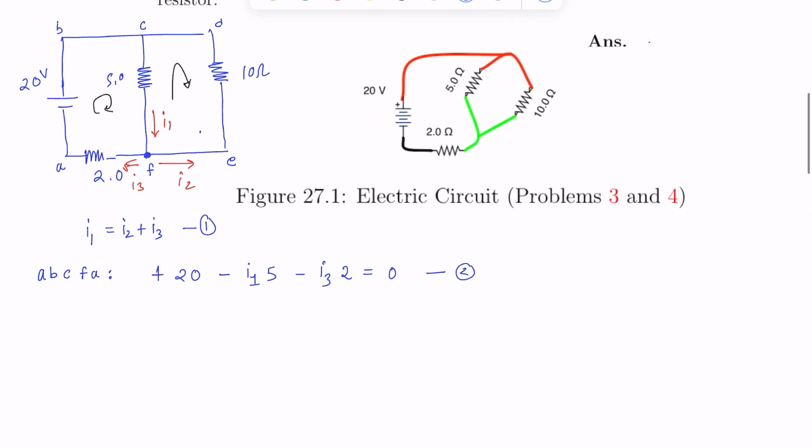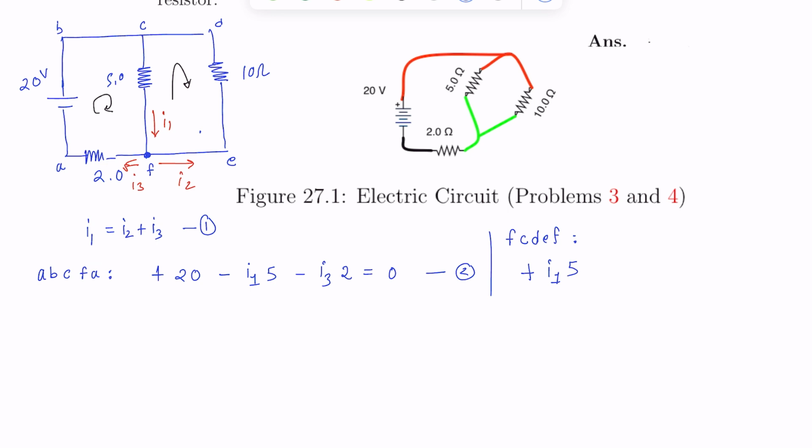You do this with another loop. Let's say we take F, C, D, E, F. From F to C, this is how you're rotating, and the current on this is I1 like that, so you're going in the direction opposite to the current. That means you'll have to do plus the current times the resistance.